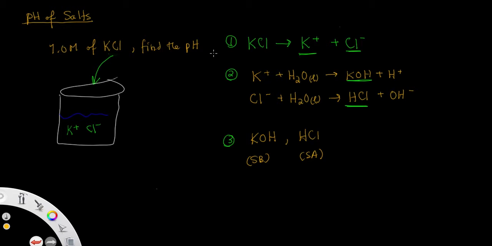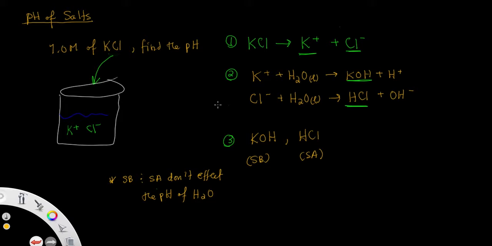So we should know, and I'll write this down, it's a very important concept, that strong bases and strong acids don't affect the pH of water. They don't affect the pH of water because they produce weak conjugates that have very low affinity to H plus ions.